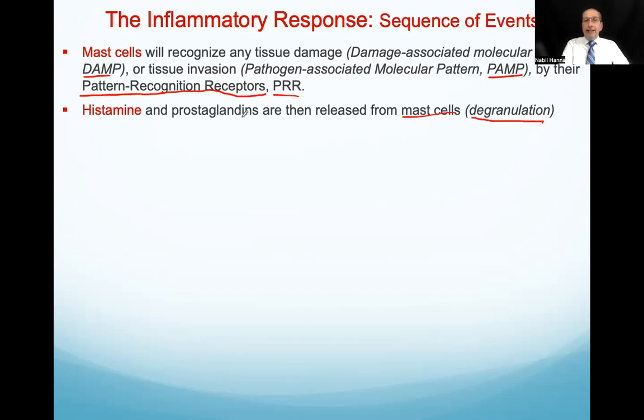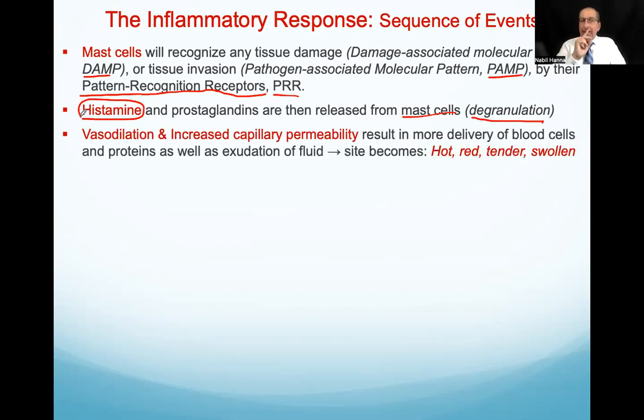And it is histamine that will induce the vascular changes that result in many of the inflammation manifestations, because histamine will result in vasodilation and increased capillary permeability, which means more blood will go to this area of tissue damage or tissue invasion.